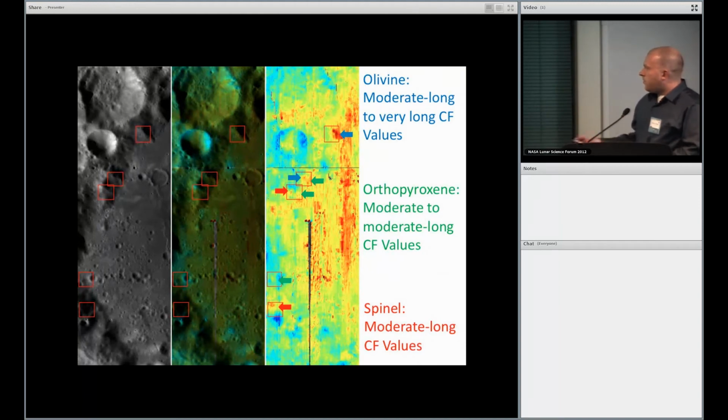For the orthopyroxene, similarly, and unfortunately it's not really shown up very well on this projection, but this is the most pure pyroxene. This is kind of intermediate, and this is the least pure, and this even makes sense because you do have a small impact crater directly adjacent to the site, which probably had an influx of material. And then for spinel, they're a little bit more homogeneous.